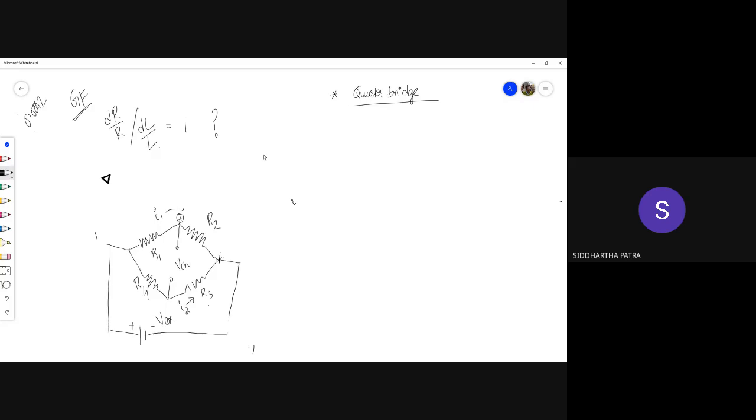So for that, we would need to look into the expression for the resistance itself. So as we discussed, it is resistivity times length divided by the cross-section area.